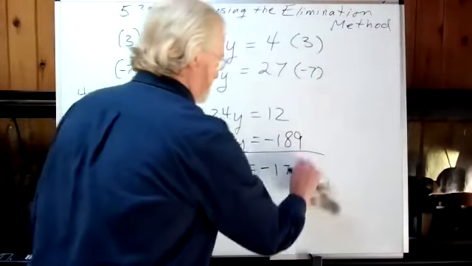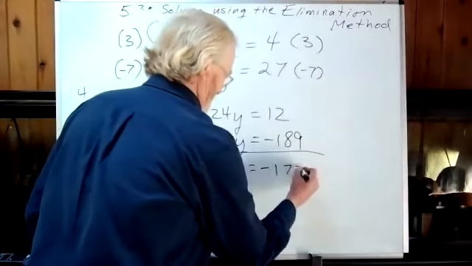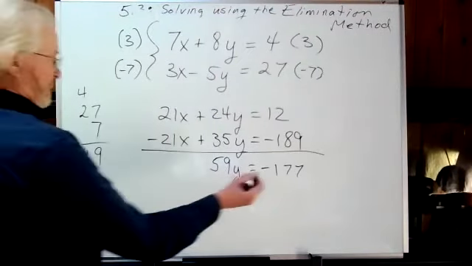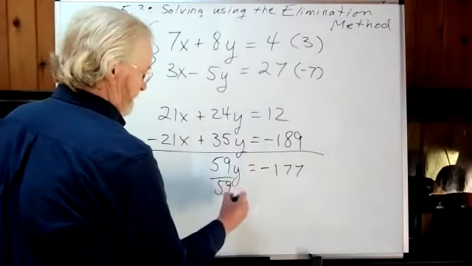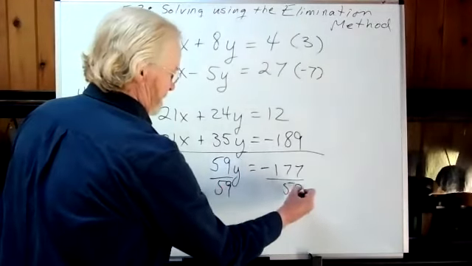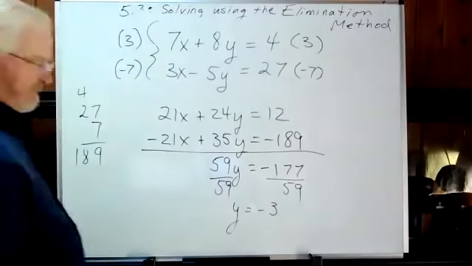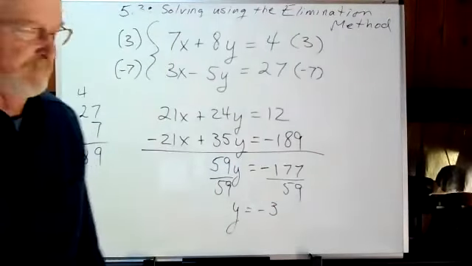Good, because I was thinking, wait, that doesn't work. And so now you've got to divide by 59. Maybe you'd like to use your calculator, but that is -3. Yeah, worked out nicely.